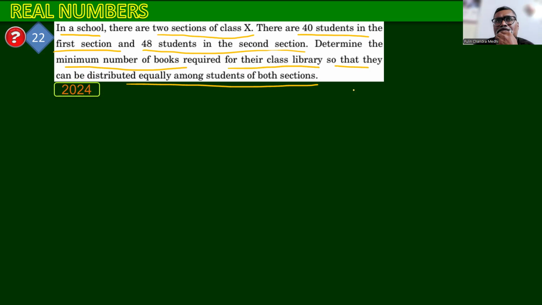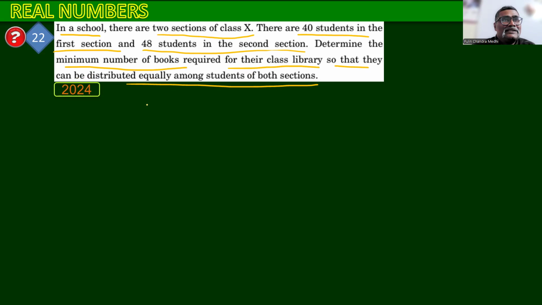What do you think? They can be equally distributed. That means you have to distribute the books equally to each and every student. So obviously the total number of books will be such that it is divisible by both 40 as well as 48. So you have to find the LCM, right?